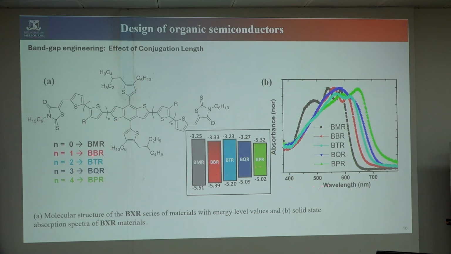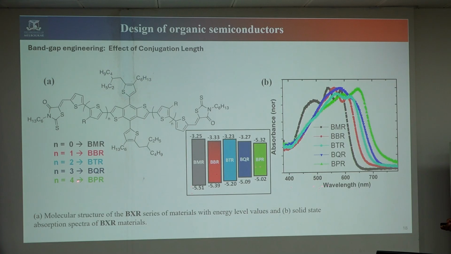When you increase the number of thiophene units, which eventually increases the conjugation length, we can see the band gap is changing and keeps on decreasing. This effect comes from the conjugation length. You can also see the absorption.